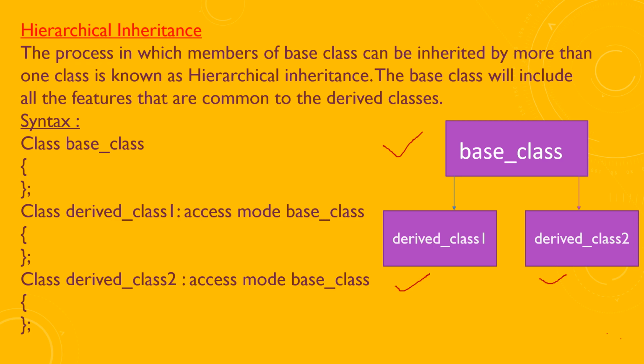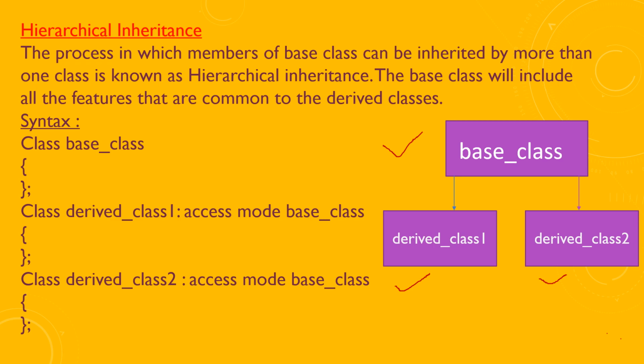Okay, so let's see the syntax. For using this hierarchical inheritance format, we will use this particular syntax. So remember there is one base class. Till now we have seen that to create a base class, we just have to create a class as we normally do.